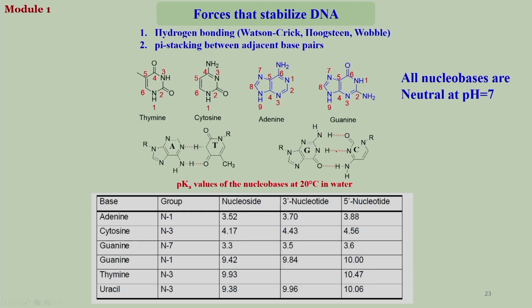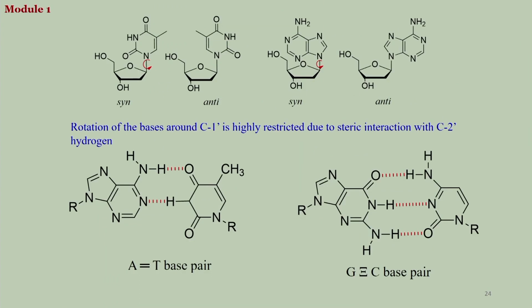If you take the enolate forms, the hydrogen bonding pattern will be entirely different, and that does not usually happen. Similarly, we have seen the other type of rotation, the locked rotation of the nucleobase when it is attached to the sugar, deoxyribose sugar.